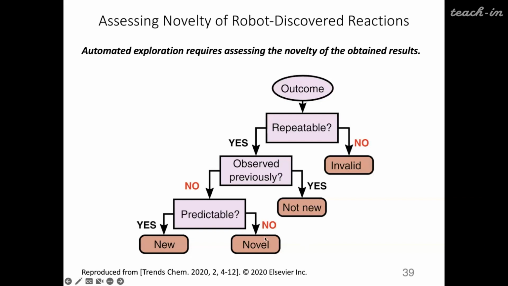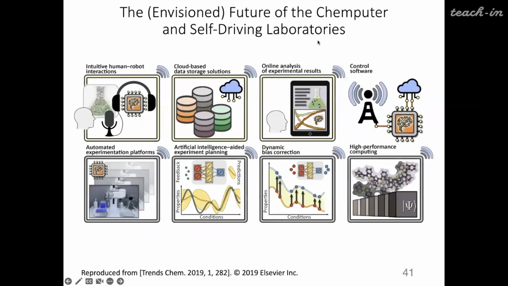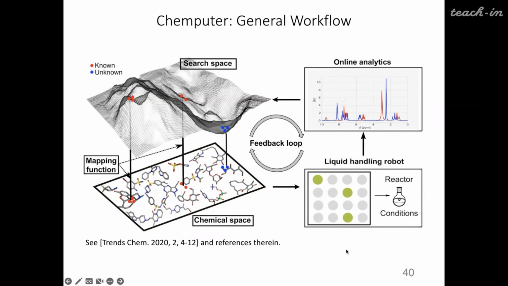So if this data is unexpected, so it's novel data on reactivity or on some compound properties. And of course, we would like to get here with the robot-assisted synthesis. And you can get a general workflow here.